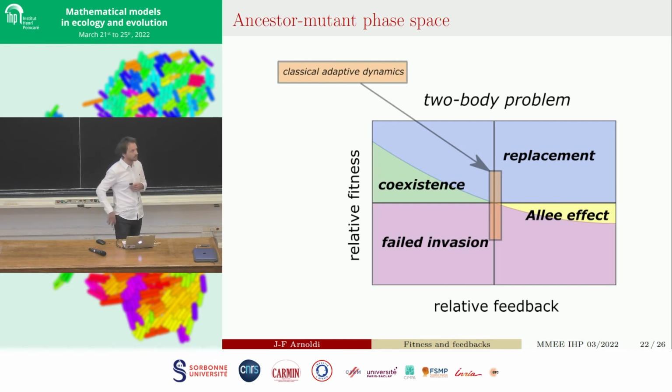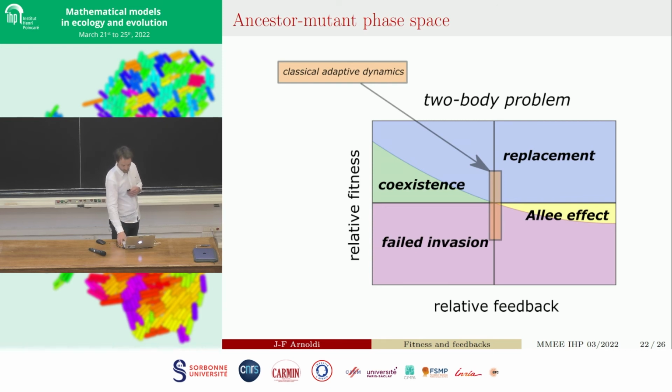So this is the ancestor-mutant phase space, where based on the theory I talked about before, you could have fitness and feedback, and you have the different possibilities here where you have maybe replacement, so total fixation, coexistence, maybe density dependent. And as I said, in classical adaptive dynamics, because the feedback was order epsilon squared, it's taking place on the vertical line.